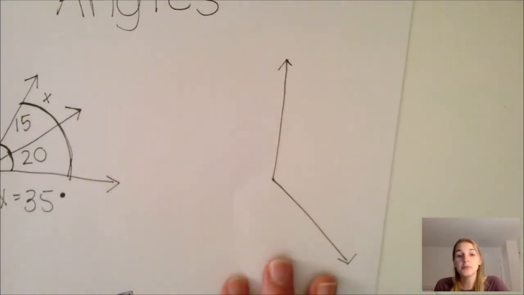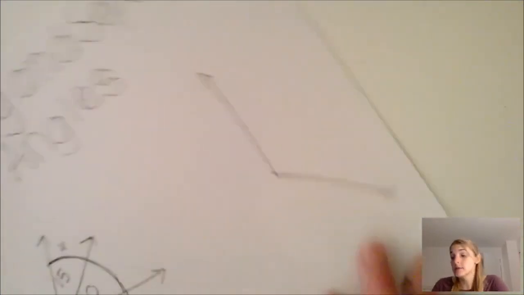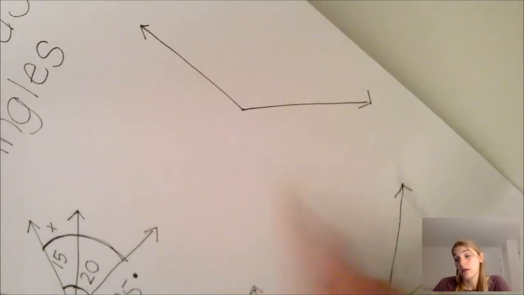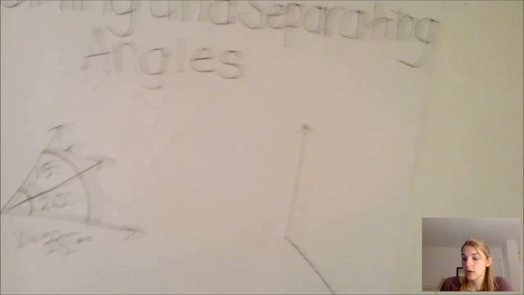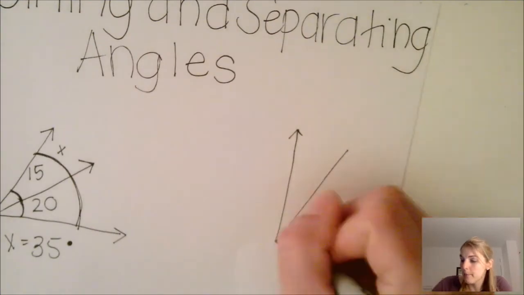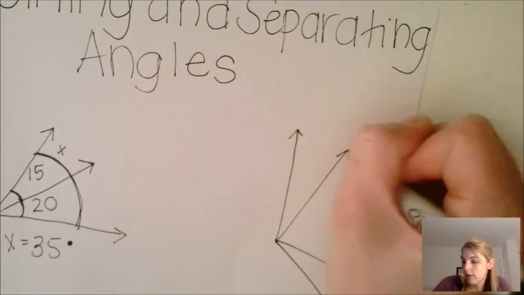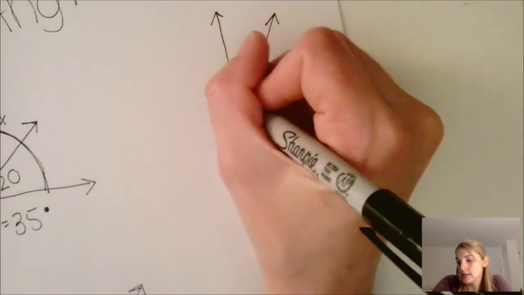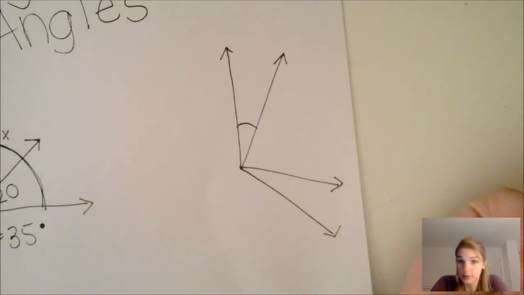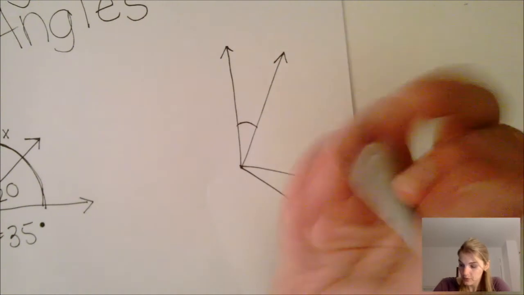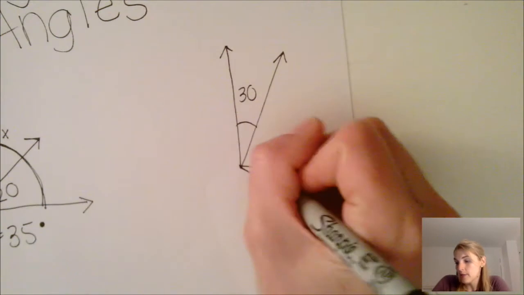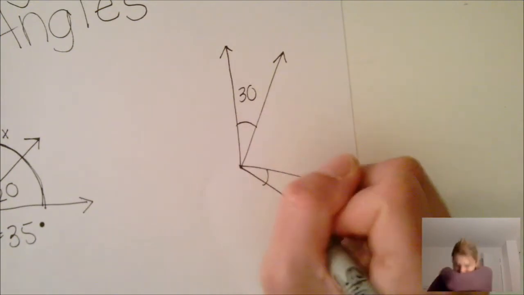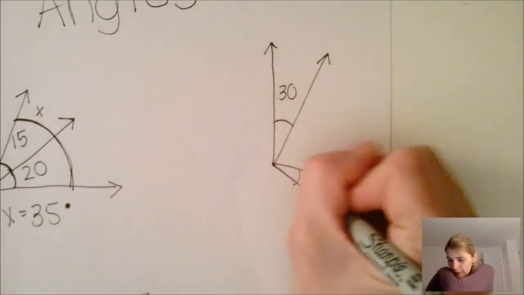Right here we have an obtuse angle. I know that because even if I were to turn it to see it better, I see that this is way bigger than 90 degrees. Now let's say that this is split up. These are absolutely not exact, I'm just freehanding this. Let's say that this angle is 30 and this angle is, I'm so sorry, 35.